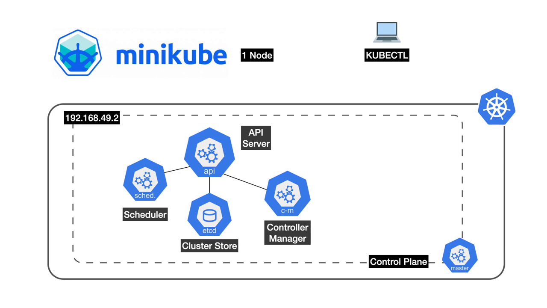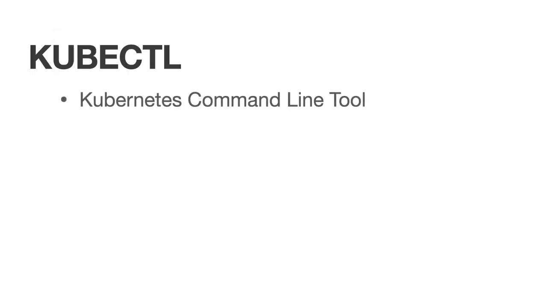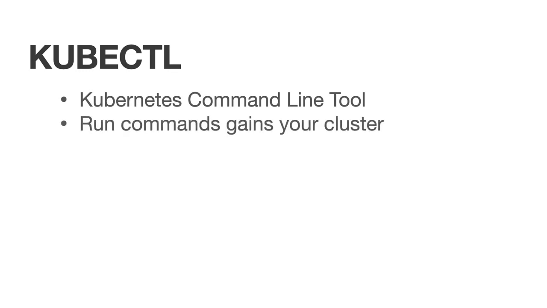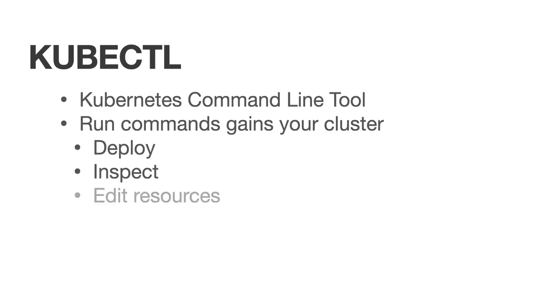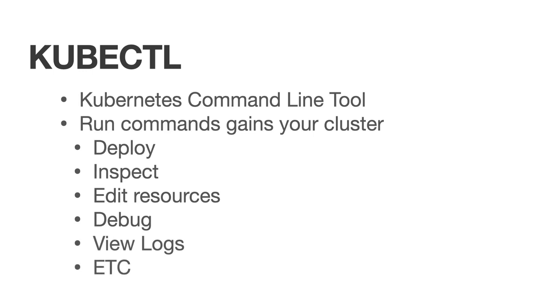Kubectl will allow us to interact with our cluster. As I said, kubectl is a command line tool, and we can run commands against our cluster. We can deploy applications, inspect, edit resources, debug our cluster, view logs, and a bunch more. And you're going to learn lots of commands throughout this course.